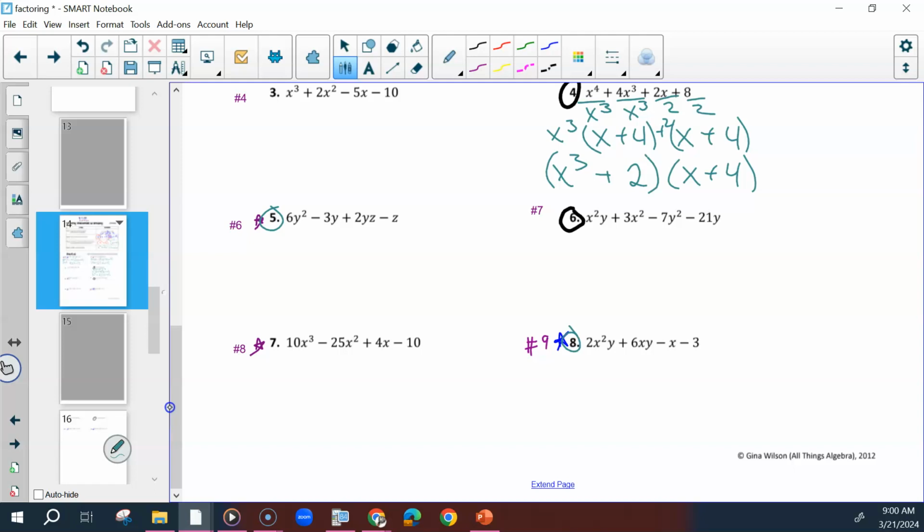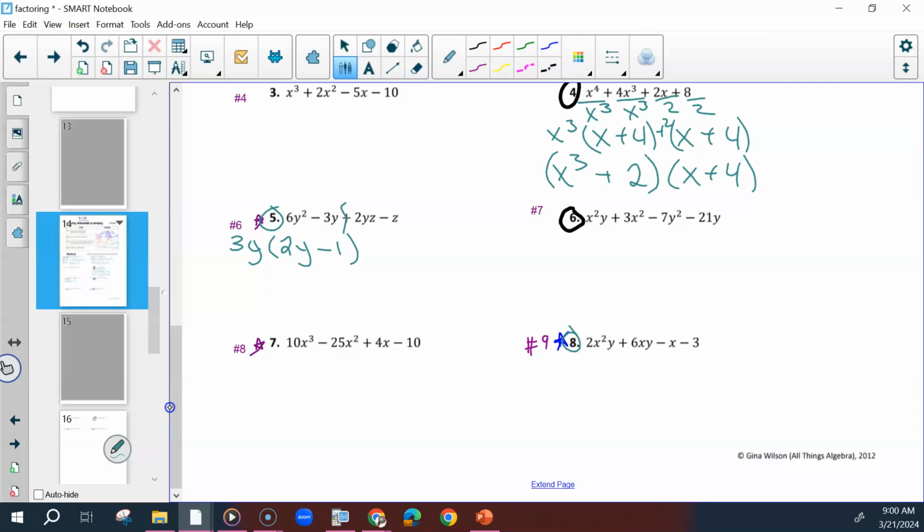So for number 5, if we split that down the middle, what could we divide out of the first two? y. What would be left when we divide those? 2y minus 1. And then what could we divide out of the last two? z.